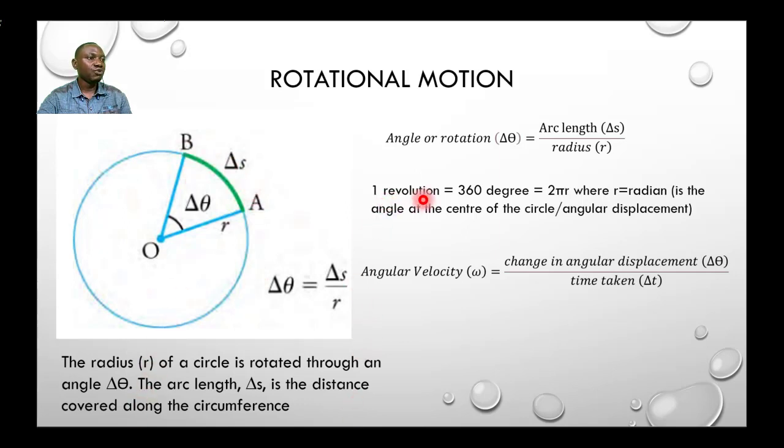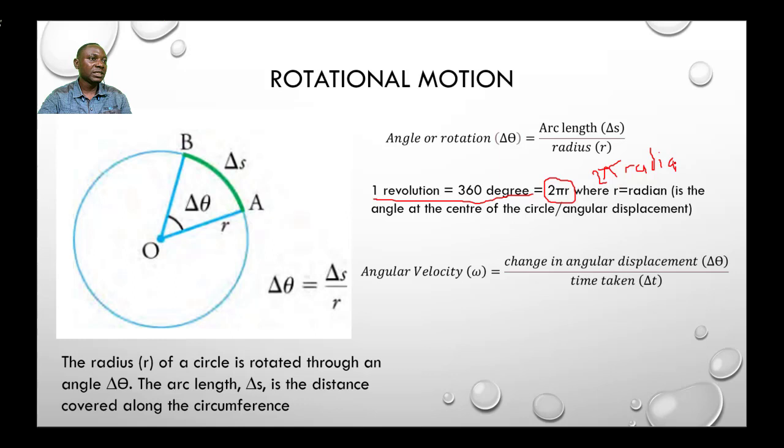One revolution is 360 degrees. If you are going to express this in terms of radians, you say it's 2 pi radians. 2 pi radians is equal to 360 degrees.